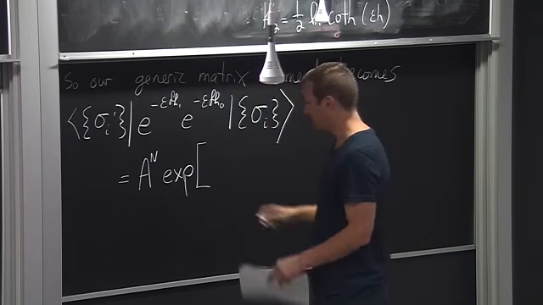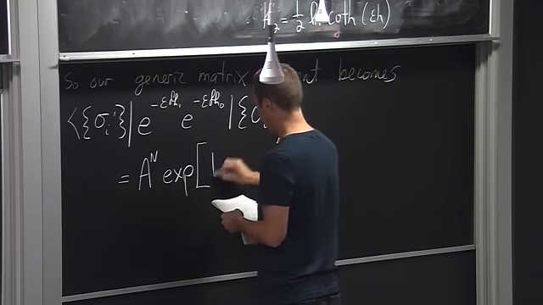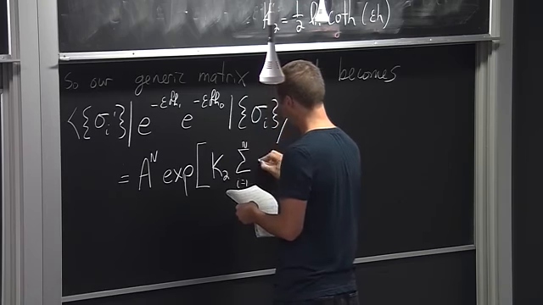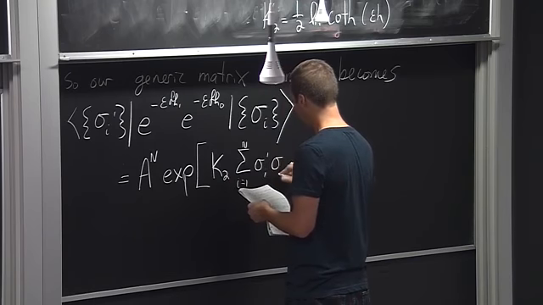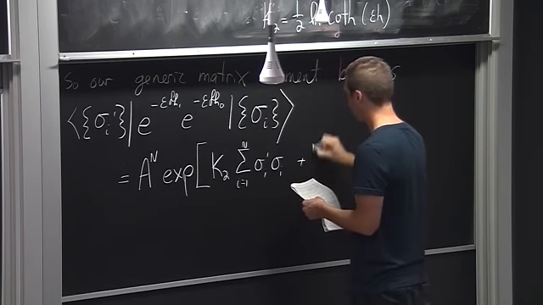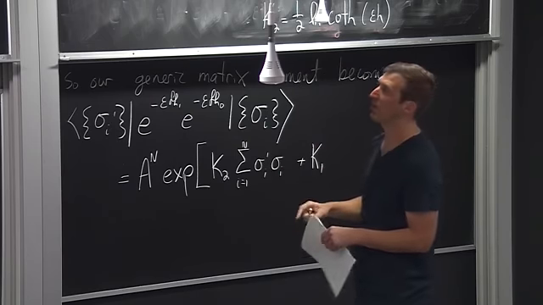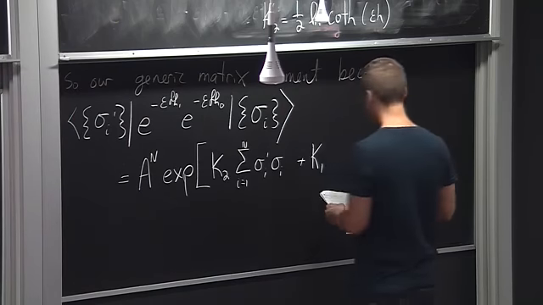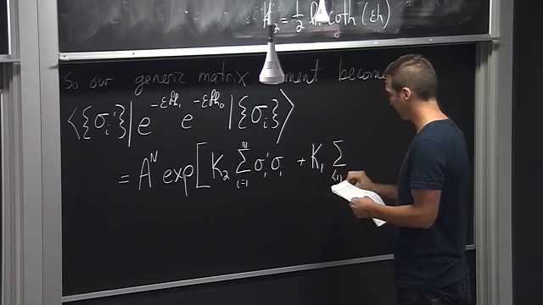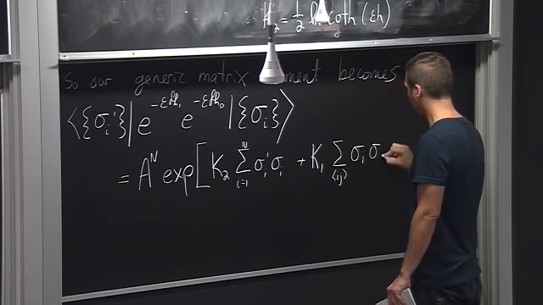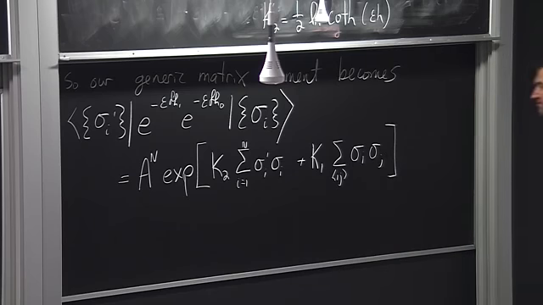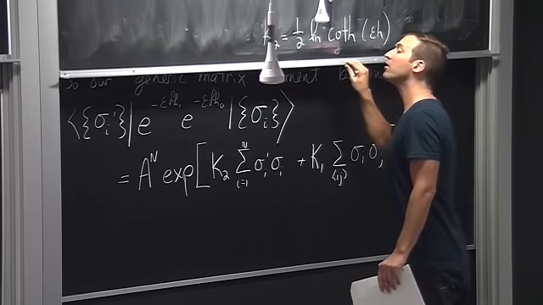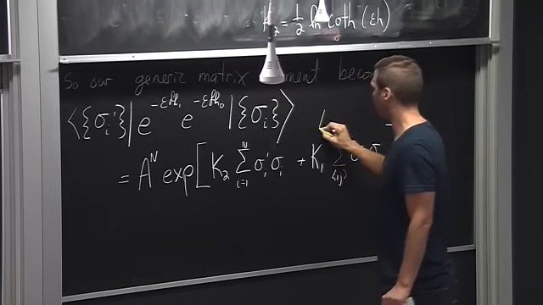So then I just have an exponential, and it's this coupling constant. There's a sum there. And let me write K1 is just epsilon j, just so this looks similar. But the form of the sum is different. And this is just epsilon j.